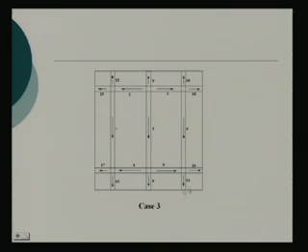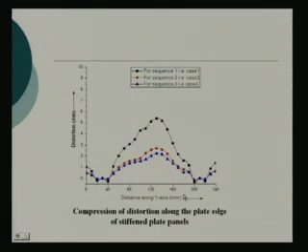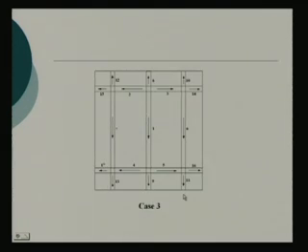Along the plate edge means we have taken 40 to 40. Along this edge, what has been plotted there is the distortion along this edge, because one can find out distortion anywhere, but for the time being we are interested along this edge.